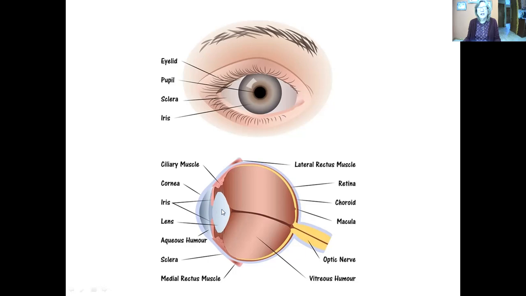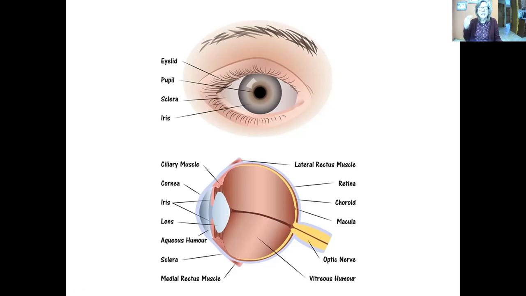And then the lens kind of narrows the light and lets it go back to the back of the eye to the retina. And the retina is like a camera. And what do cameras do? I know. The retina takes a picture like a camera would. And then it sends the picture back through our head to our brain.